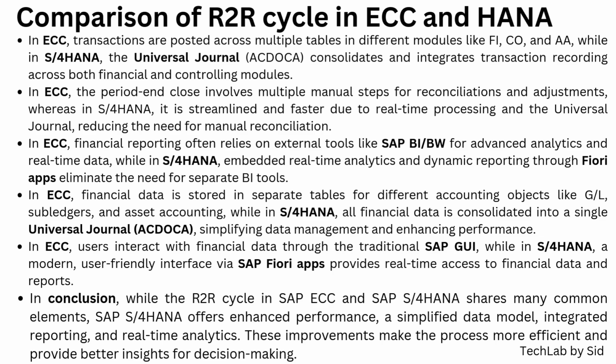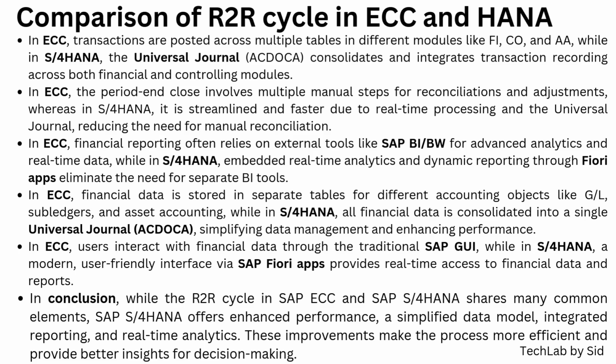When it comes to financial reporting, ECC relies on external tools like SAP BI or BW for advanced analytics, but S/4HANA offers embedded real-time analytics and dynamic reporting through Fiori apps, eliminating the need for separate BI tools. The data model in ECC uses separate tables for different accounting objects, while S/4HANA consolidates everything into a single universal journal, simplifying data management.